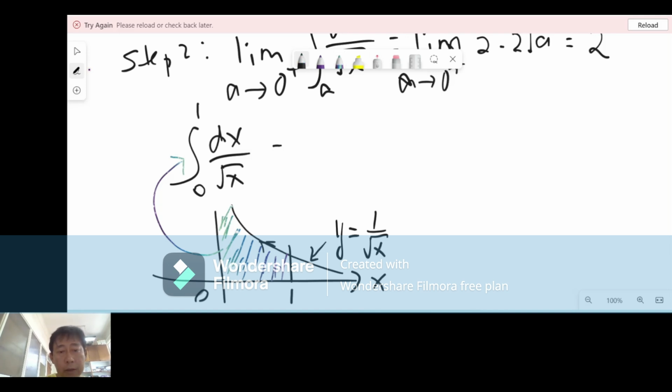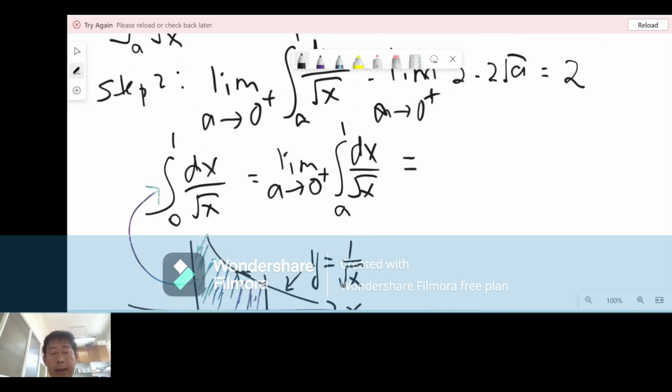The area would then turn out to be the limit of the integral of dx over square root of x from a to 1, with a tending towards 0 from the right. And this is simply equal to the limit as a tends towards 0 from the right of this expression for the proper integral, 2 minus 2 square root of a, which turns out to be 2.